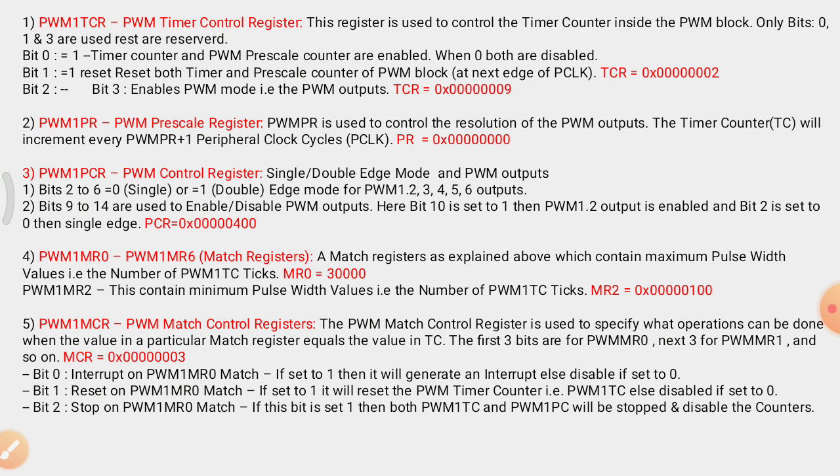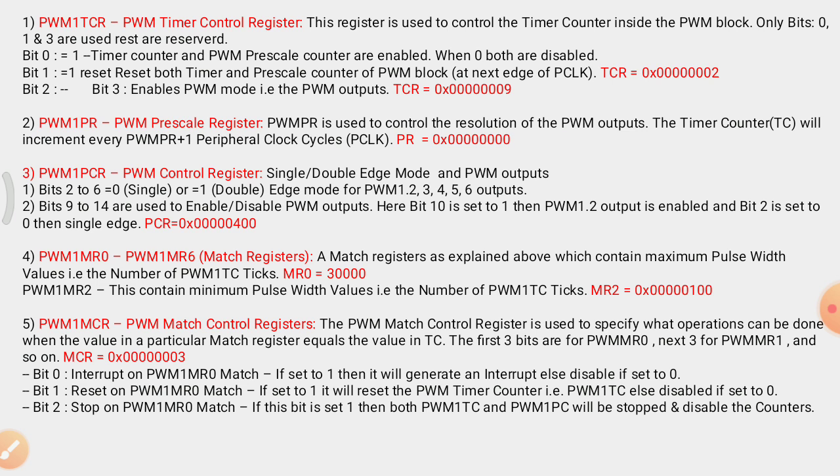Here the first register of this PWM is the TCR register. TCR is the timer control register. Basically this is used to control the timer counter and the prescaler counter. There are two counters here, timer counter and prescaler counter.